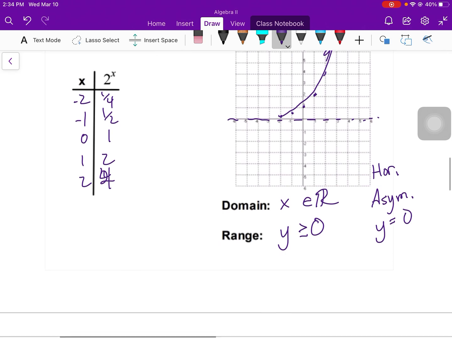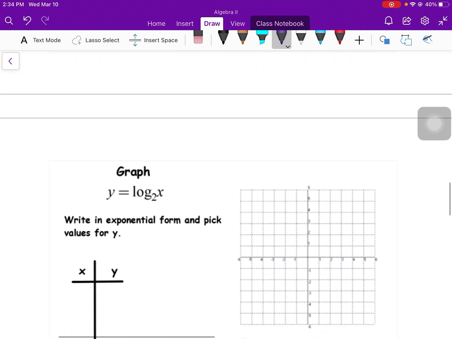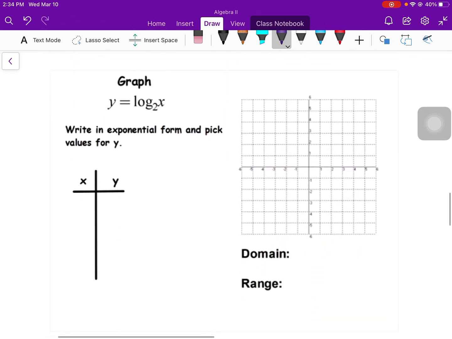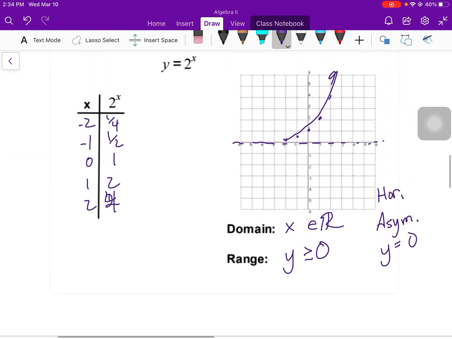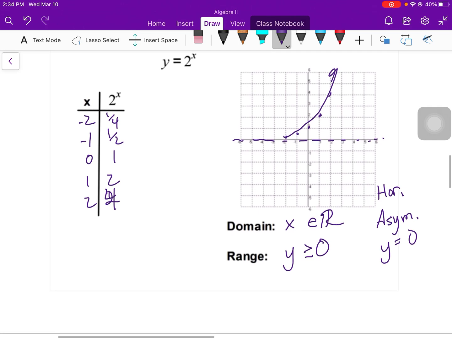Okay, now I'm going to use that same concept, but I'm going to graph log base 2. So what's going to happen is all of my x values were -2, -1, 0, 1, and 2. They're now going to become my y values. Right here are all my x values, -2, -1, 0, 1, and 2.